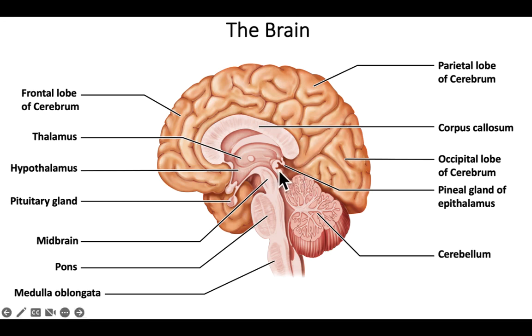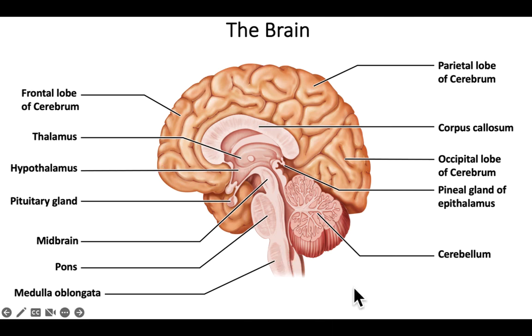This would be the superior colliculi for visual reflexes. And then underneath it is the inferior colliculi for auditory reflexes. And then cerebellum, white matter, arbor vitae, surrounded by the cerebellar cortex, pons, and medulla oblongata.